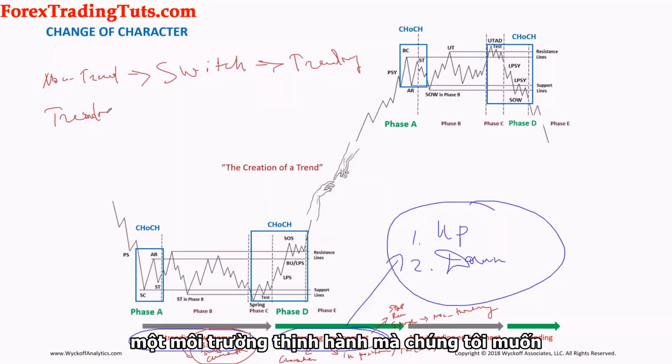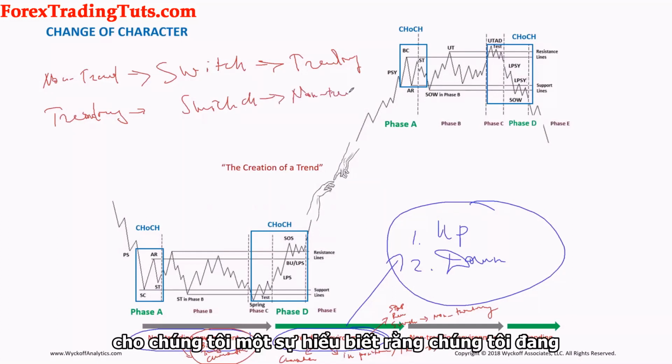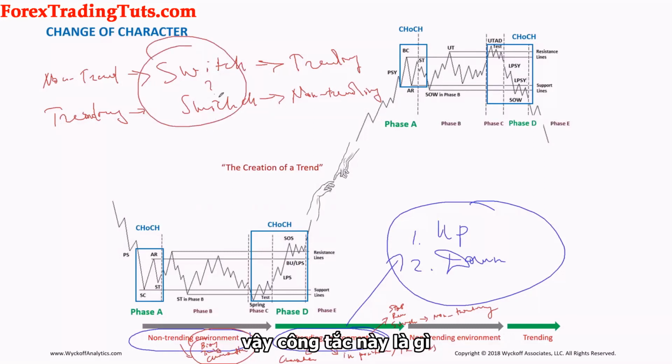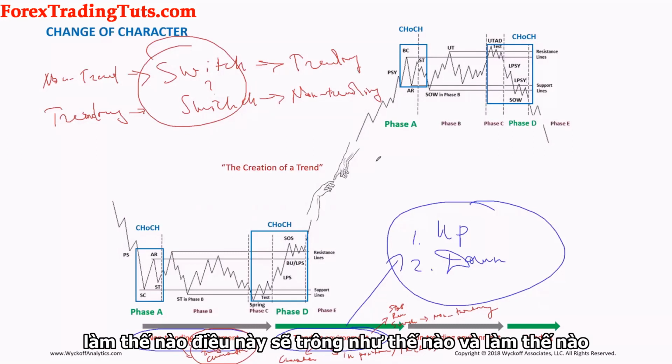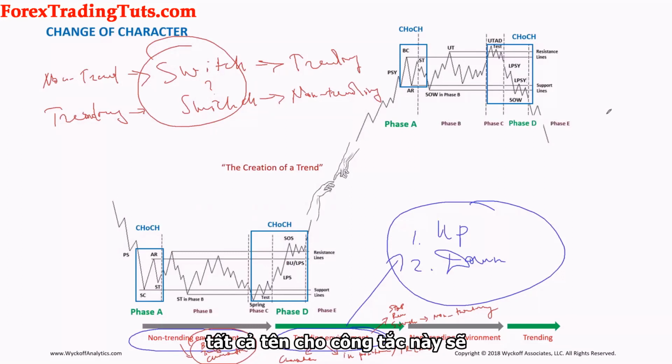From a trending environment, we want to identify the switch that will give us an understanding that we are going into a non-trending environment. So what is this switch? How would it look, and how would we see it? Well, first of all, the name for this switch is going to be a change of character.